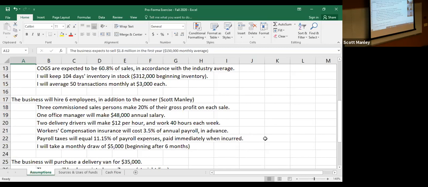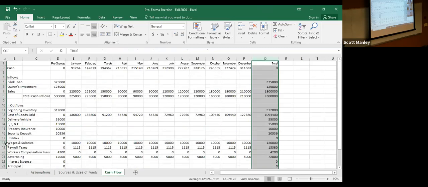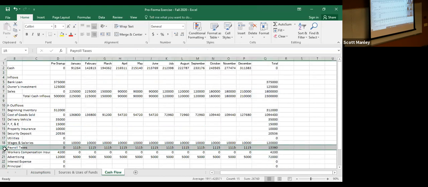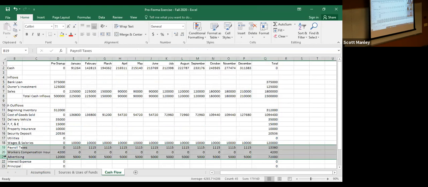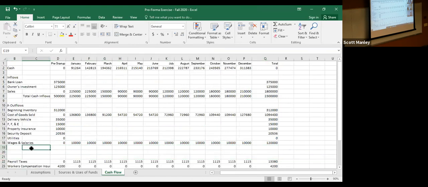I could, in my cash flow, have a row that says wages and salaries. And then underneath it, it is perfectly acceptable to do office manager, commissioned sales, and delivery, okay?